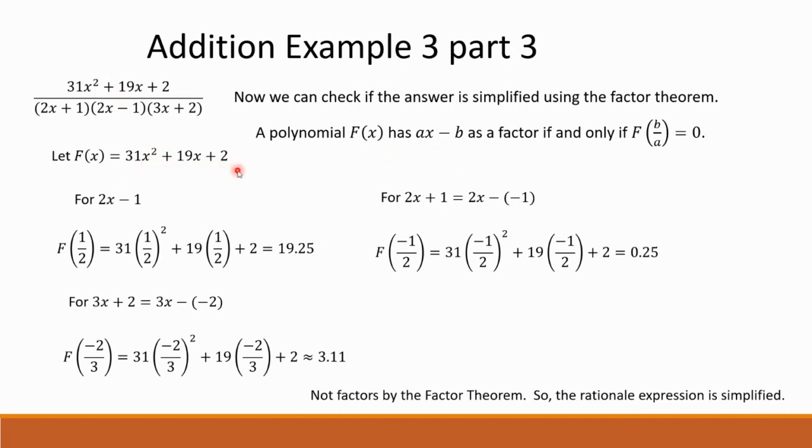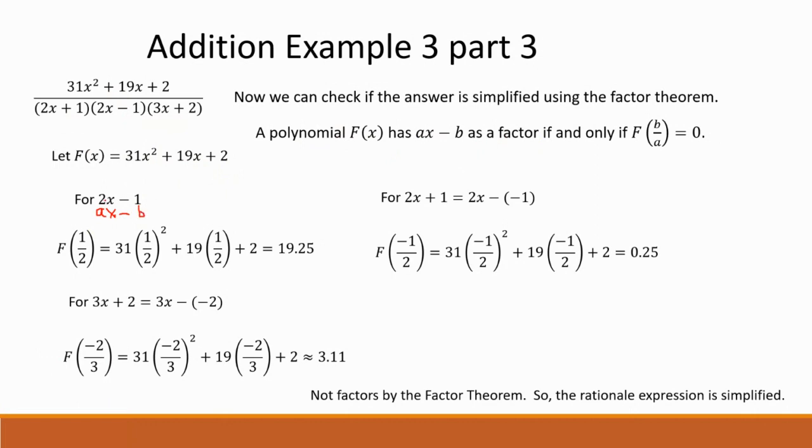As you can see, right? We want to know if this has any factors in common with the denominator, right? Okay, well, what about 2x minus 1? Well, here, do we have ax minus b? Looks like we do, right?